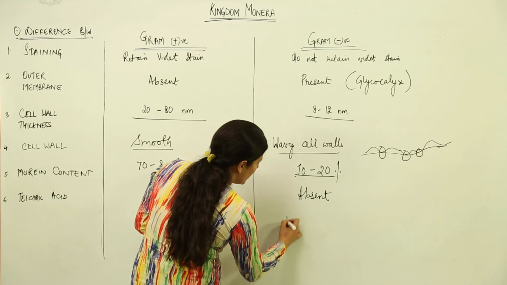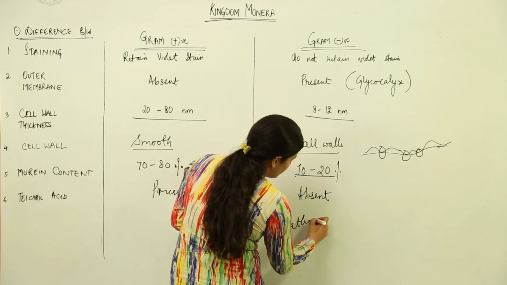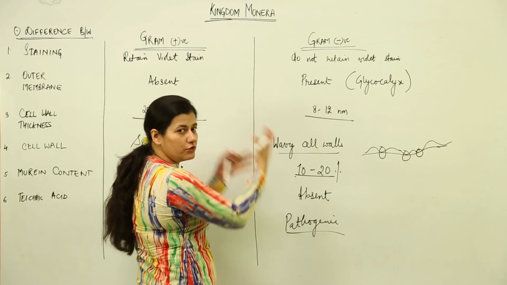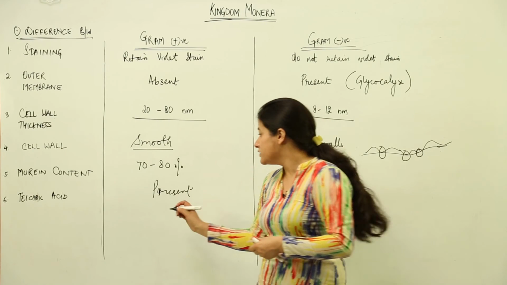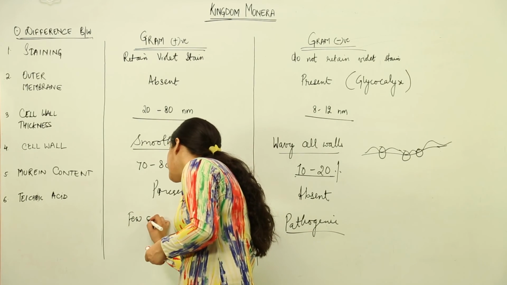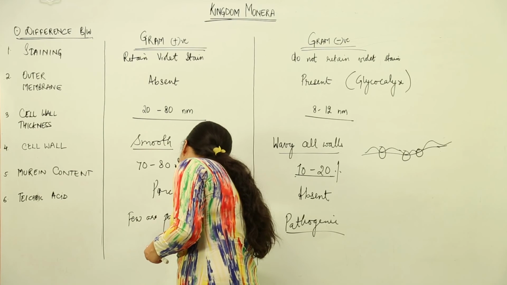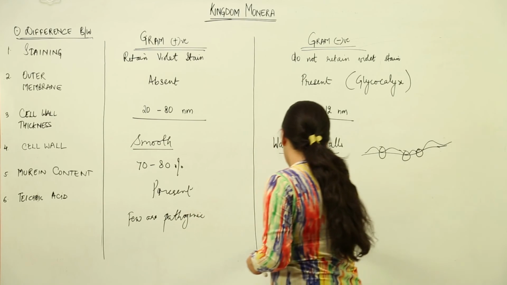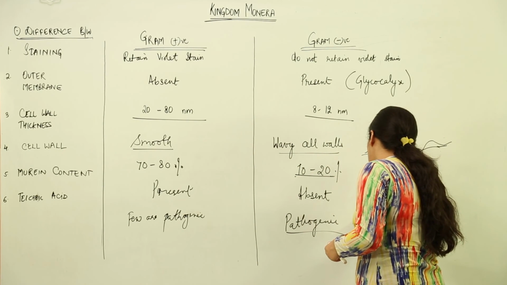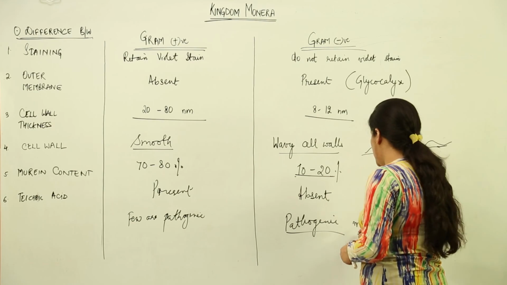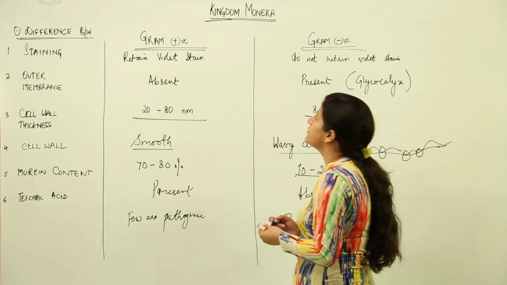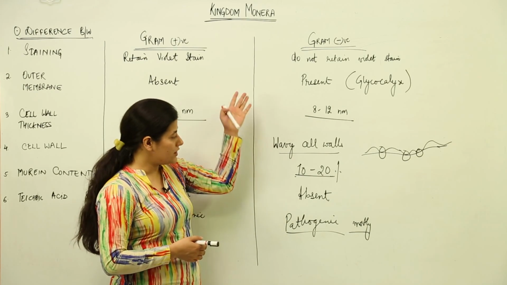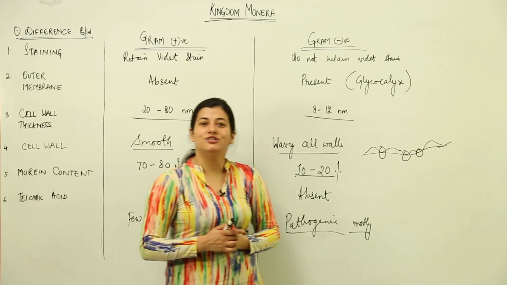Few of the gram positive could be pathogenic, but not all of them, while gram negative are mostly pathogenic. So they are more notorious. The notorious ones are gram negative, N for notorious, N for negative. You can remember it that way, and these are the points of difference that you need to remember.